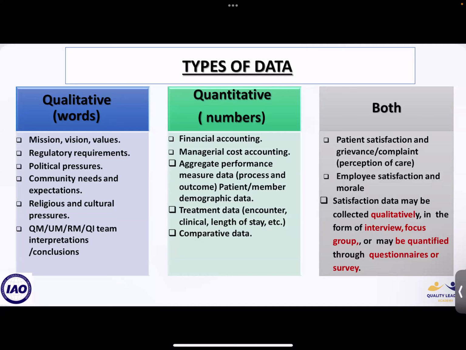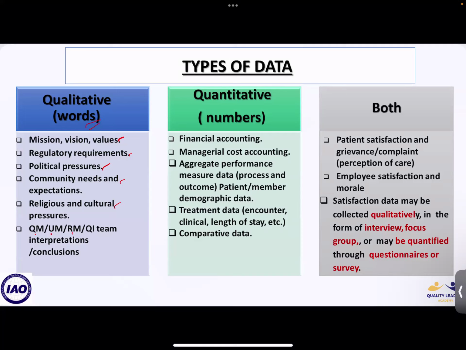It might include mission, vision, values, regulatory requirements, political pressures, community needs, expectations, religious and cultural pressures, quality management, utilization management, resources management, quality improvement team interpretations, and conclusions. So these are called the qualitative data or words.